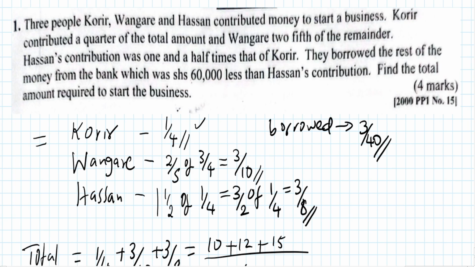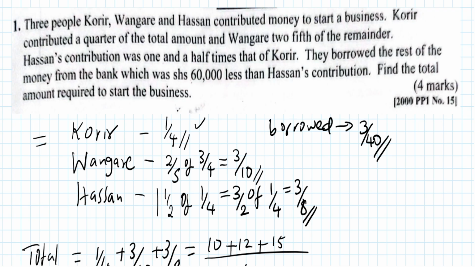They contributed 37/40, and the remaining, which is 3/40, they borrowed from the bank itself. Now, 3/40, you've been told the one that they borrowed from the bank was 60,000 shillings less than Hassan's contribution. Tamam.